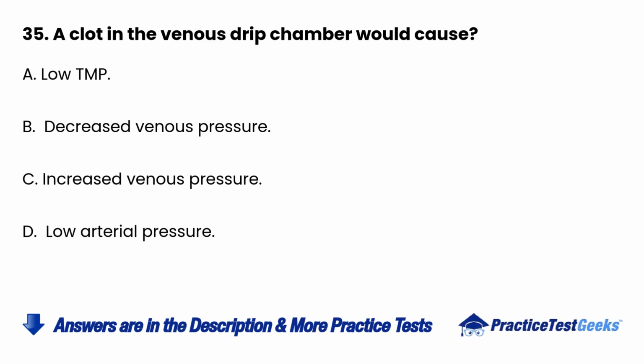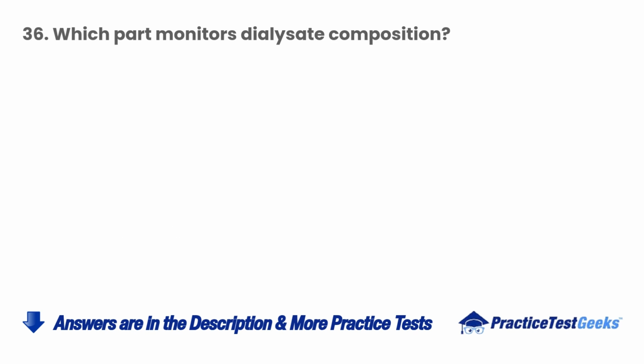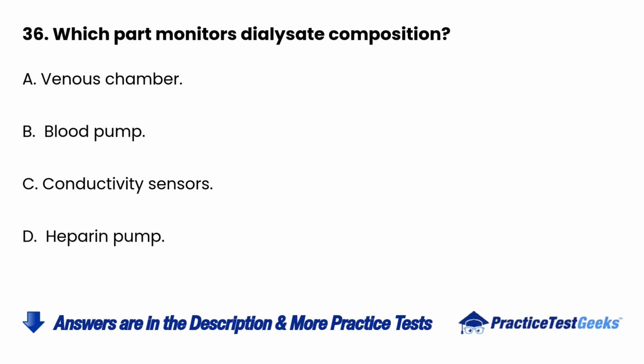35. A clot in the venous drip chamber would cause A. Low TMP. B. Decreased venous pressure. C. Increased venous pressure. D. Low arterial pressure. 36. Which part monitors dialysate composition? A. Venous chamber. B. Blood pump.